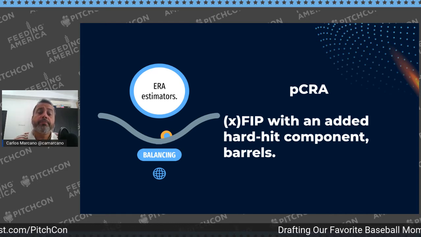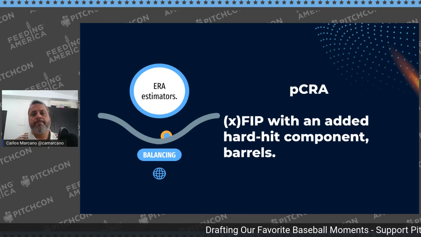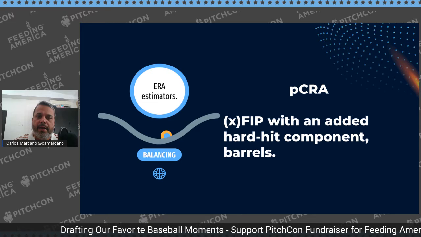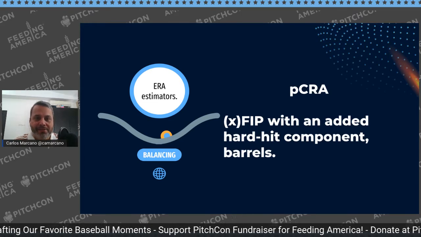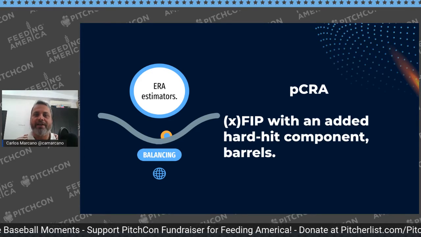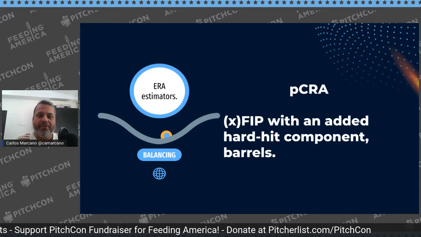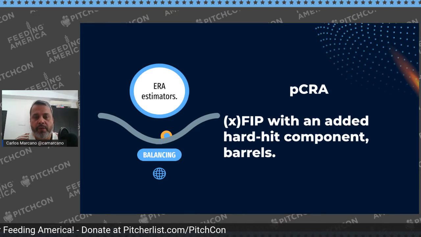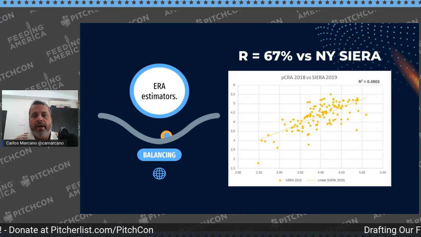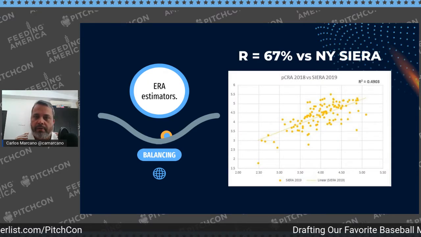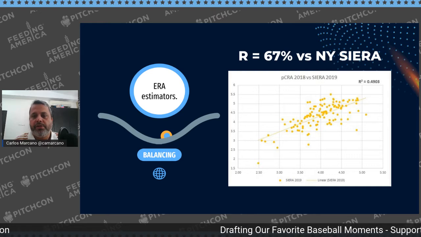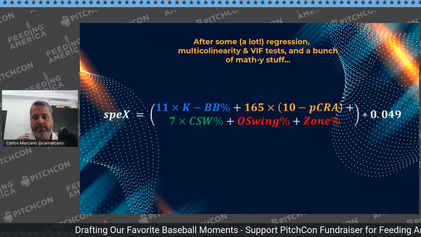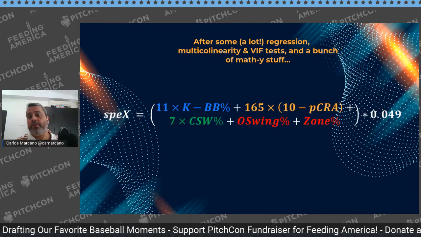What I find interesting is that it balances the whole so well. It's like a wrapper around the formula that makes it way better. PCRA also has a great correlation to next year's Sierra, around 67%. So that's all very good.